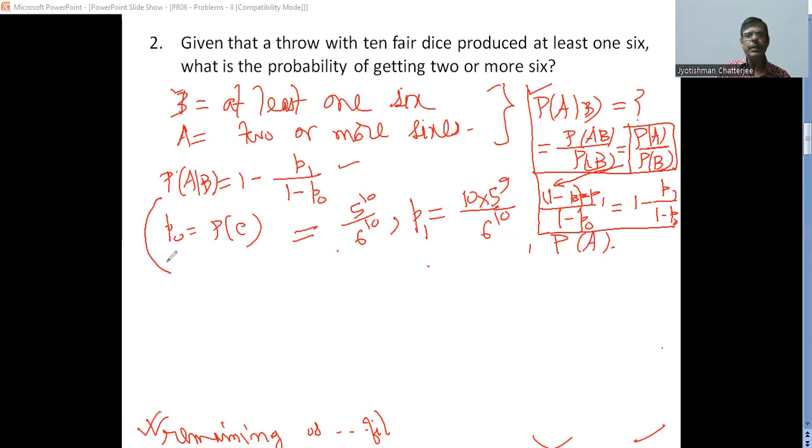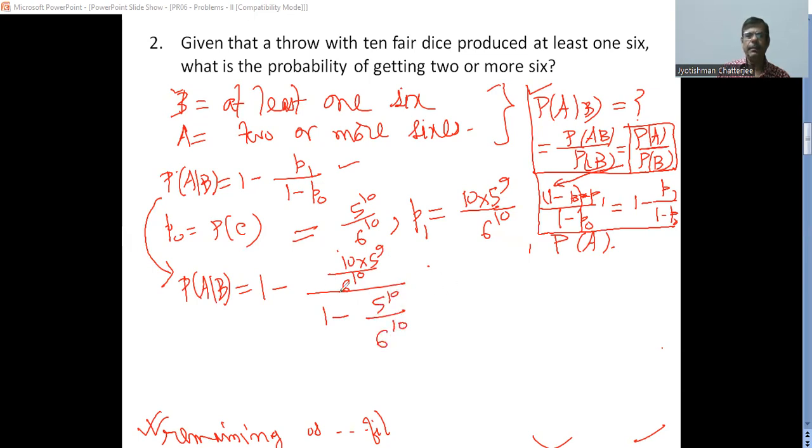So using this formula, we get one minus, what is P1? 10 into 5 to the power 9 by 6 to the power 10 divided by 1 minus 5 to the power 10 by 6 to the power 10.